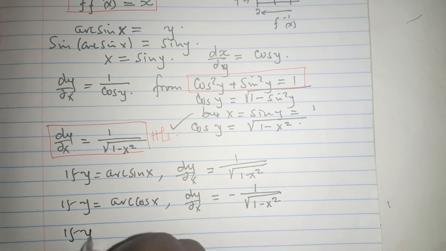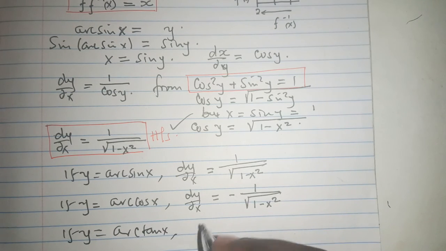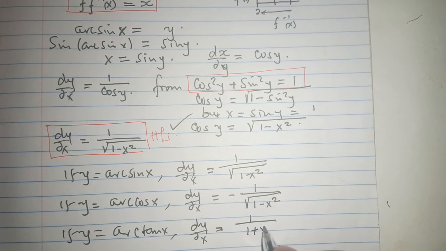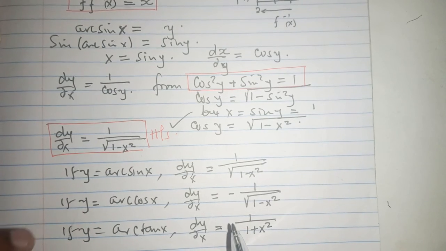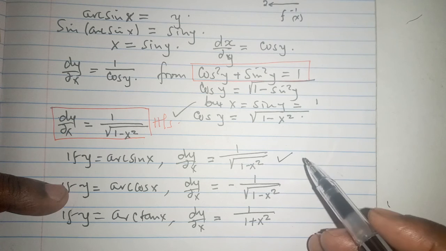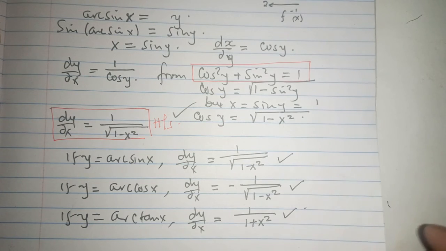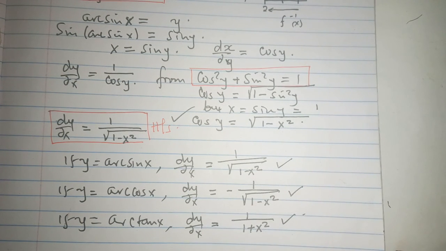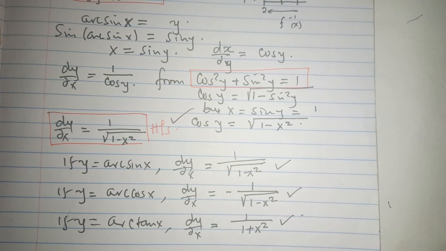Again, if y equals arctan x, then dy/dx equals 1 over 1 plus x squared. If you follow the steps we did for y equals arcsin x, you will find these results, and at the end of the day, you will have differentiated arcsin, arccos, and arctan.